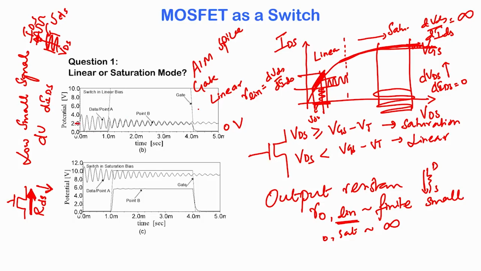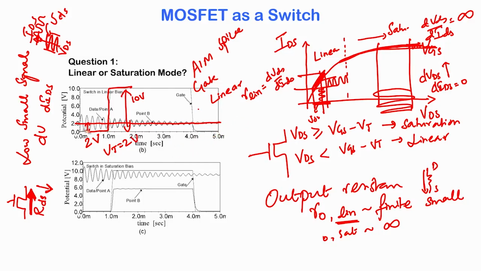What is the DC value of the signal? The DC value of the signal is around this point, which is about 2 volts. And what is the DC value of VGS? That is about 10 volts, and the threshold voltage is 2 volts. So, definitely VDS is less than VGS minus VT, which means that the MOSFET is in linear mode operation.